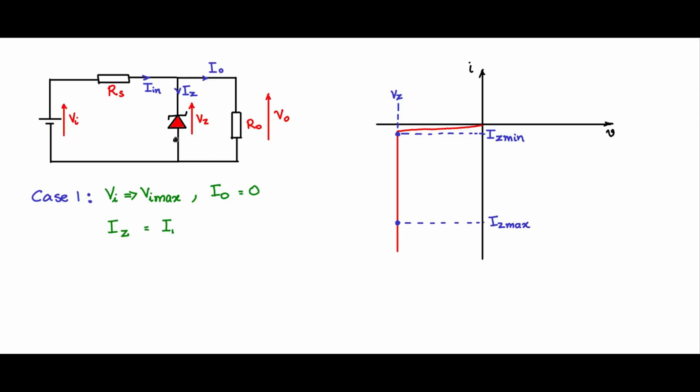So Iz will be equal to In because I0 is 0, and that is Vi max minus Vz divided by Rs. This is the max value of the current that can flow into the Zener in the circuit. So this will be the operating point, positioned here, and that will be Iz max for the circuit.